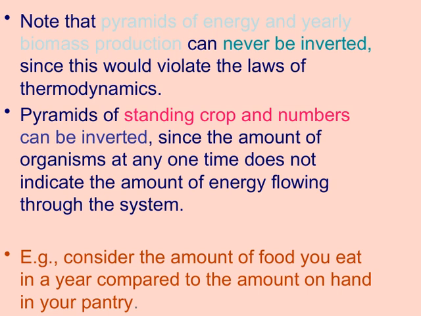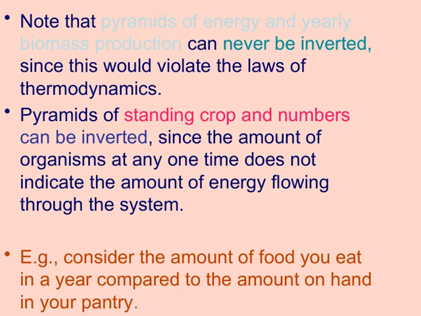For example, consider the food you eat in a year. The total amount of food you consume over a year is different from what might be sitting in your pantry at any one moment. That's a perfect analogy for understanding these concepts. The standing crop or the current biomass can be quite different from the total energy or number of organisms involved over time.